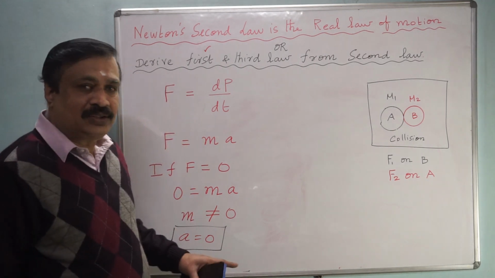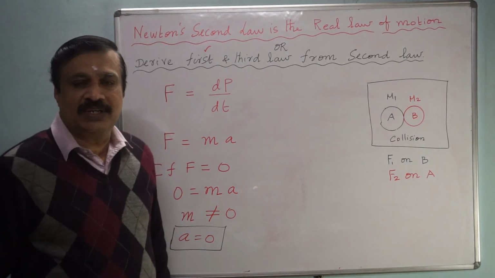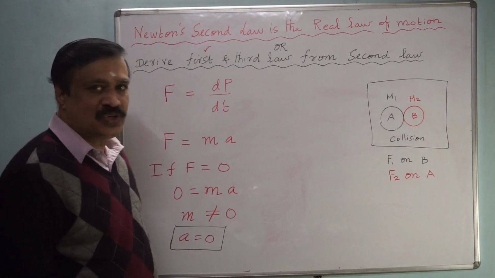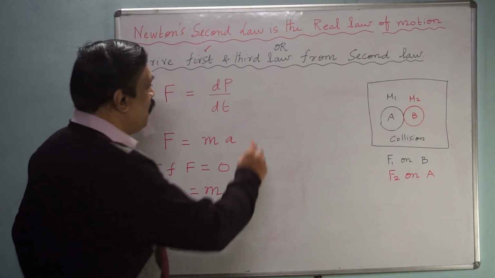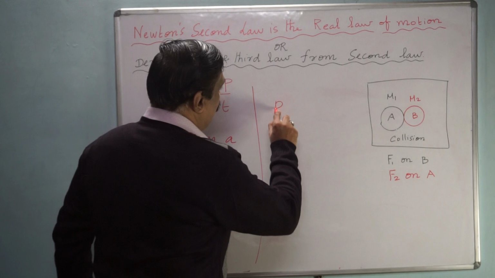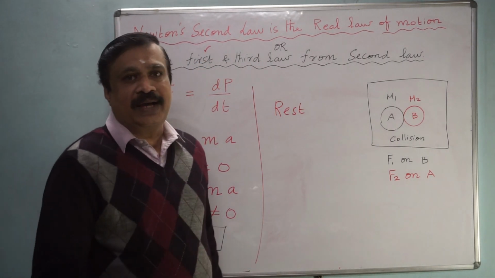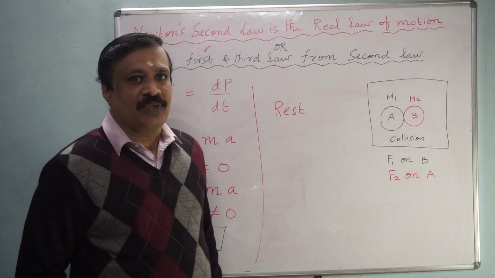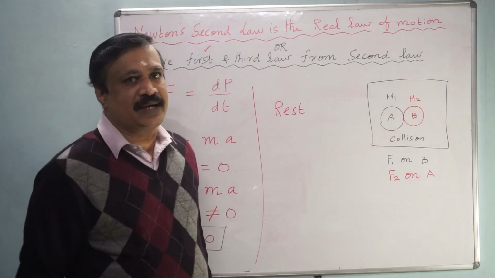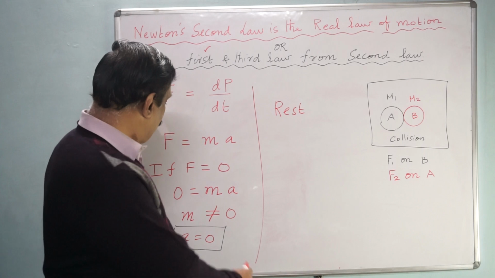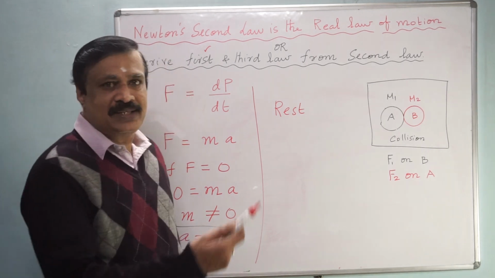What is the meaning of this? What is the conclusion if a is 0? When a body is at rest, then there is no acceleration. If a body is at rest, there is no acceleration. That means a is 0 means the body is at rest.